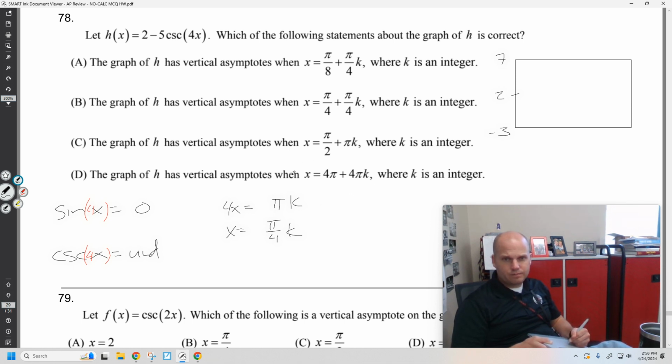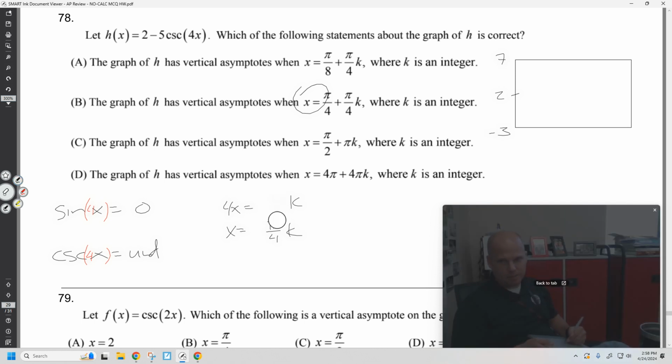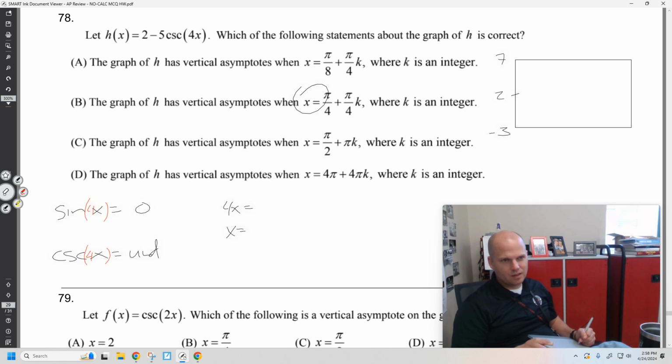Including 0, including pi over 4. Pi over 4 is included in that, I don't know why. I guess they're thinking like pi plus pi. This is unnecessary. You could have just said multiples of pi over 4.